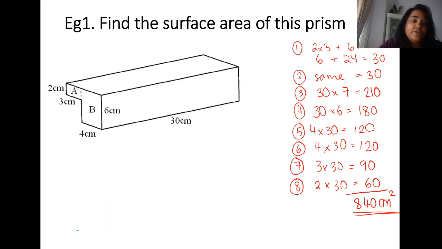What we can do is actually move these faces. It's these two sides, this one and this one, which we could actually push out.